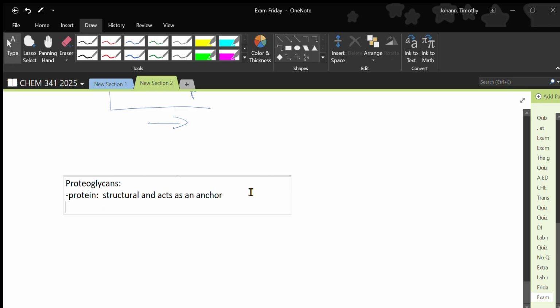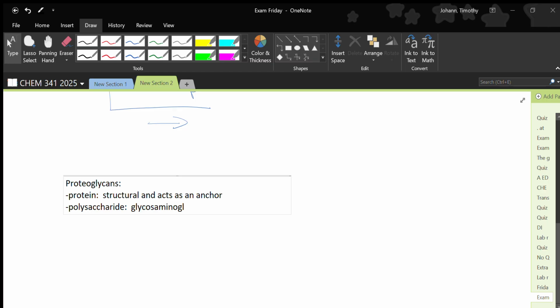Then we have the carbohydrate. I'm going to say it's a polysaccharide, but it's really something more specific than that. It's a glycosaminoglycan, which is a repeating disaccharide that's highly negatively charged.